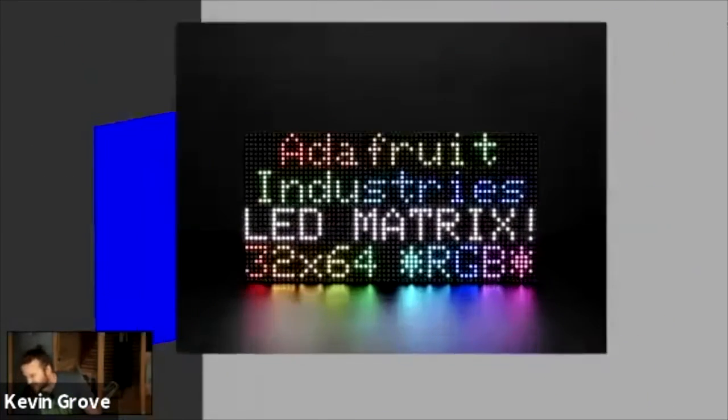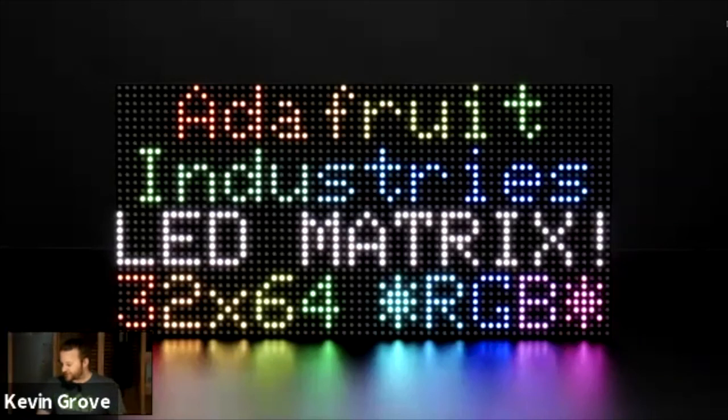And then onto the LED matrix, which I call the miniature Jumbotron. It is what it is, a 32 by 64 LED, programmable. One thing I forgot about: you have to use an LED matrix component.